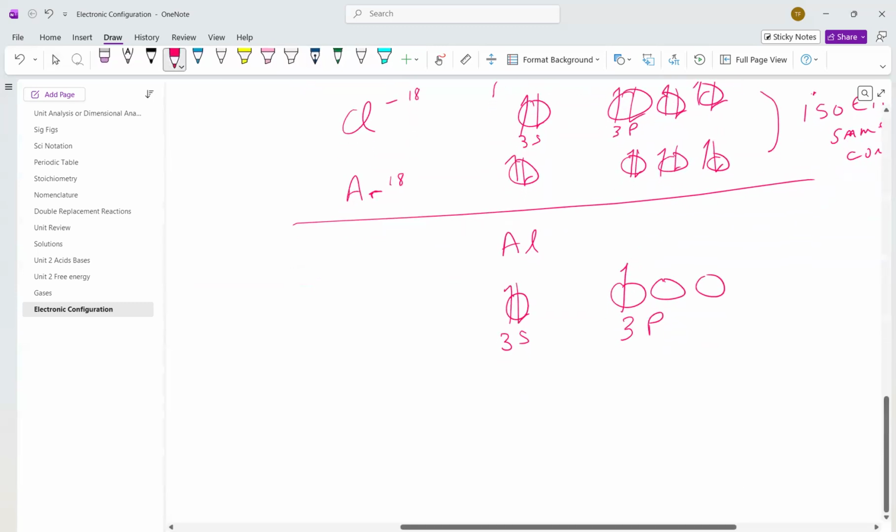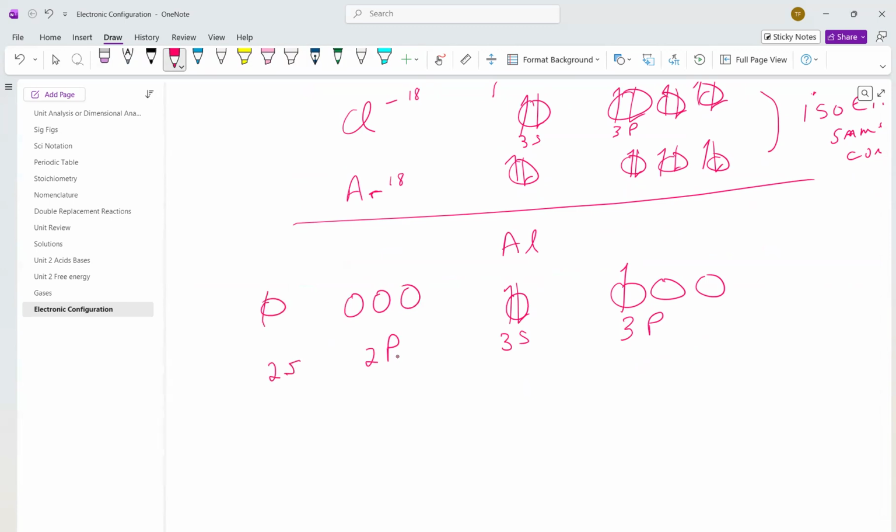So in fact, let's put the other in here. Okay, so that's the full configuration.